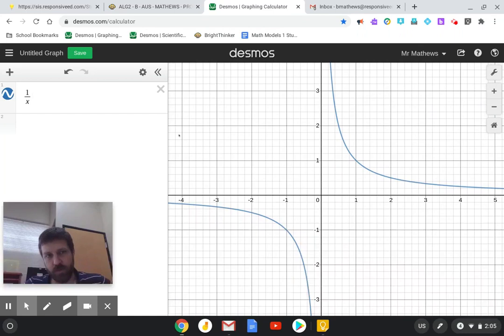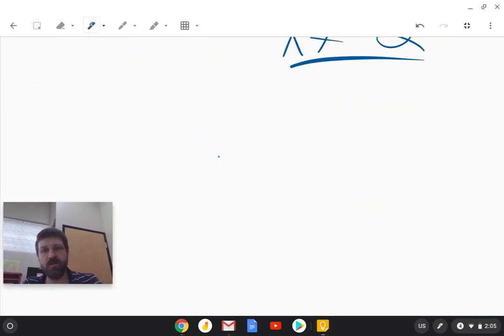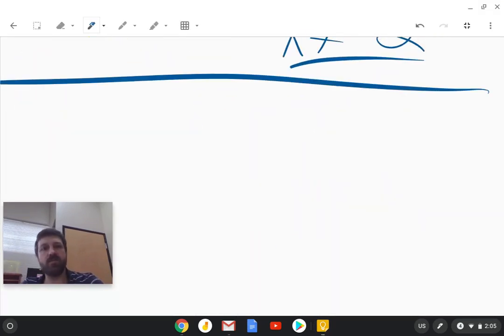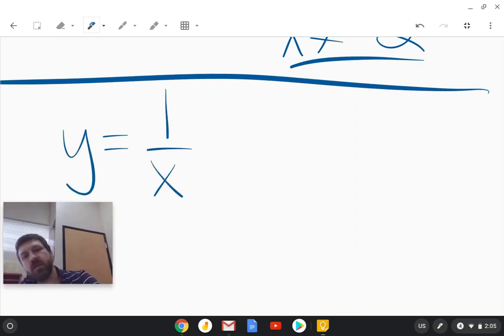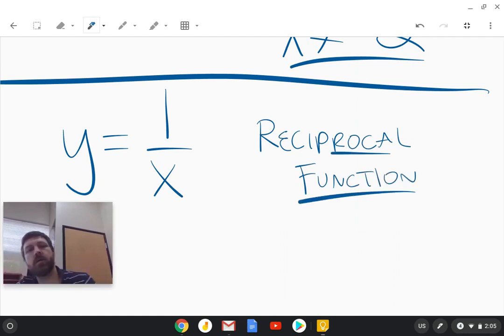What you see here in blue would be what we call the parent function of the reciprocal function. So the reciprocal function is the function 1 over x. So y equals 1 over x is called the reciprocal function.